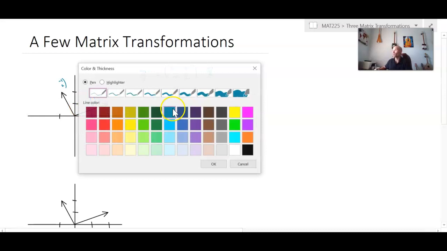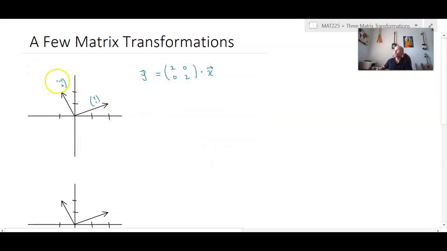Let's relabel these first. We'll call this one U, and we'll call this one V, just to not confuse the name. So we input a vector, and depending on which vector we input, we're going to get an output vector due to it.